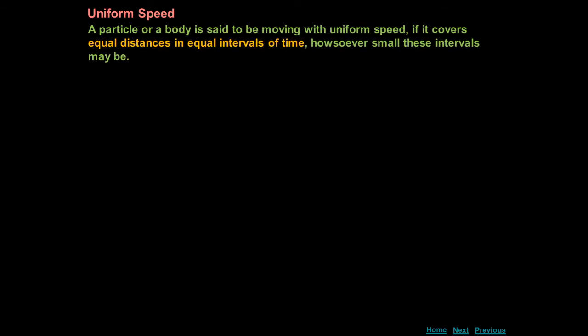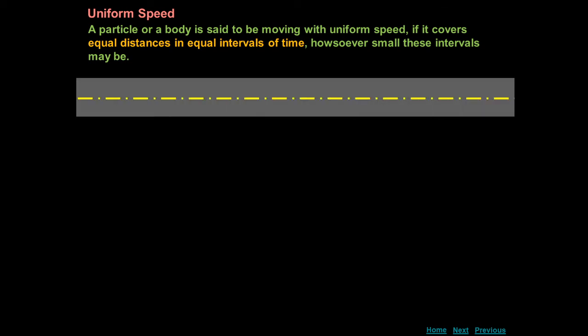Now what is uniform speed? A particle is said to be moving with uniform speed if it covers equal distances in equal intervals of time, however small these intervals may be. It means equal distances covered in equal intervals of time, then the speed is uniform.